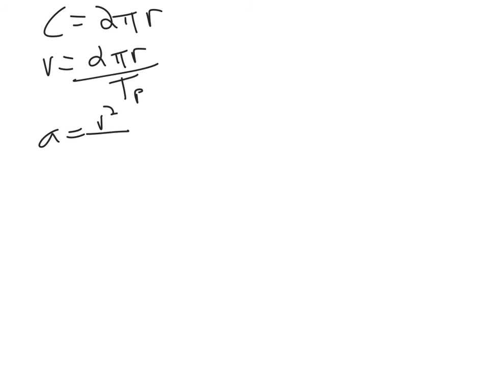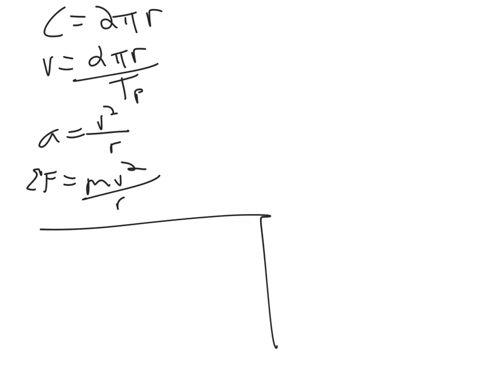The circumference is 2 pi r, and the velocity is 2 pi r over T, and that is the period. Acceleration is v squared over r, and net force equals mv squared over r.